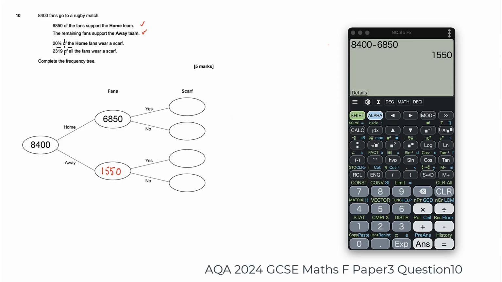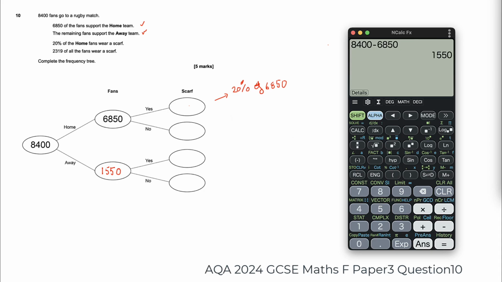Let's look at the next piece. 20% of the home fans wear a scarf. Well, home fans, 6,850. Do they wear a scarf? Yes. So in here would go 20% of 6,850.